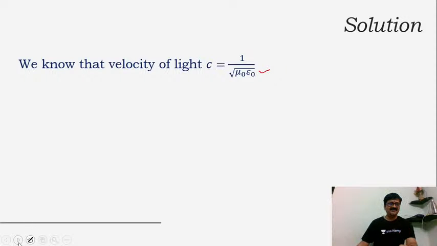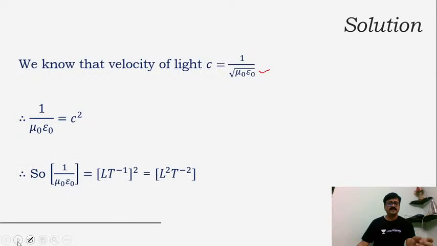So accordingly, 1 by mu naught epsilon naught becomes equal to what? Square of velocity. Because if you square on both sides, this square root will go off, right? Hence, I have written like this. Then accordingly, therefore, dimensions of 1 by mu naught epsilon naught will be equal to LT raised to minus 1 whole square it is, because C has dimension of what?